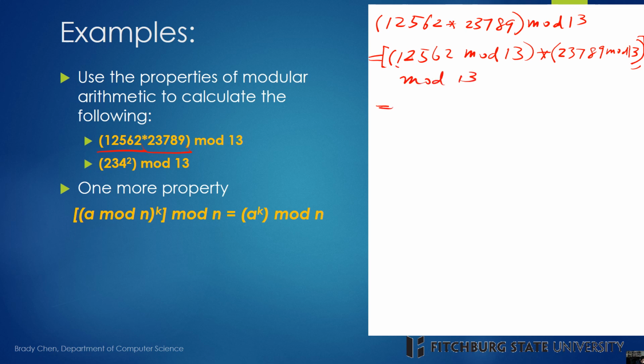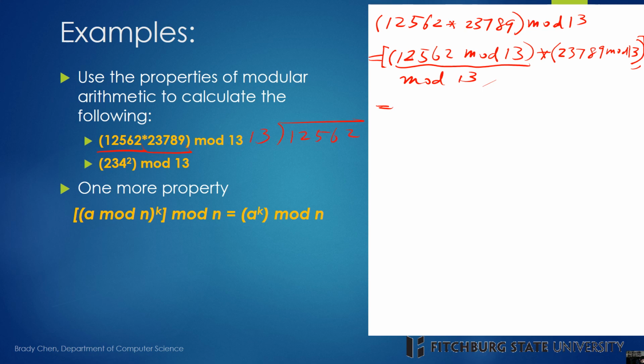Now, what is the first one? To calculate 12,562 mod 13, we need to divide 12,562 by 13 and get the remainder. So we can do this.